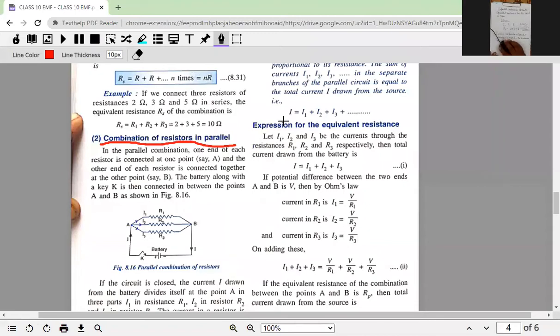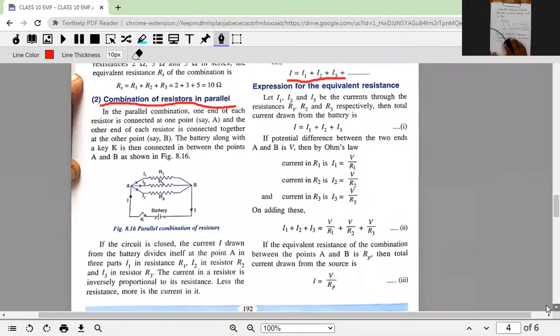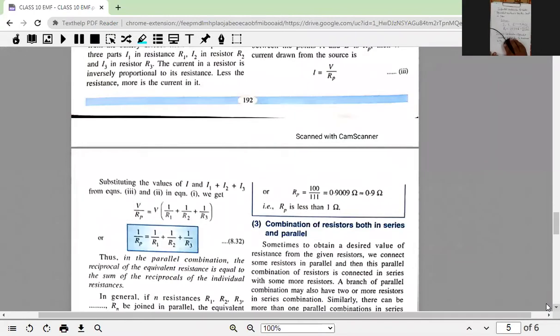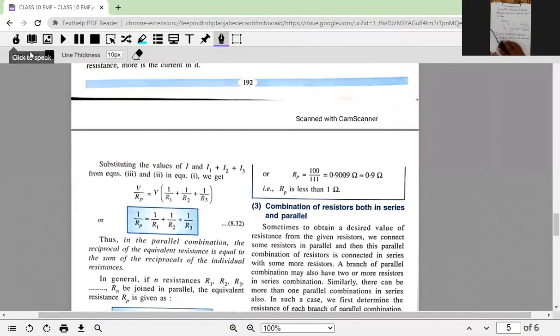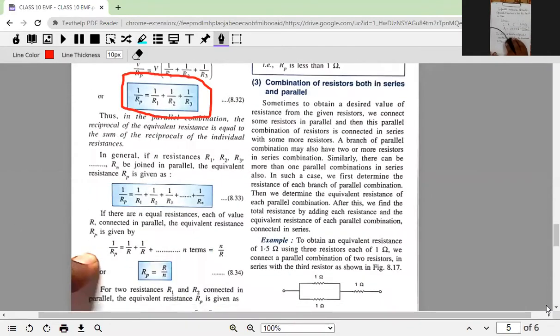Here, I equals I1 plus I2 plus I3 and so on. This formula I have already told.